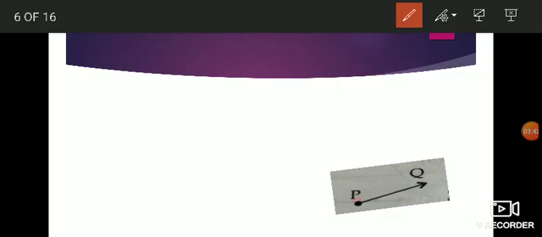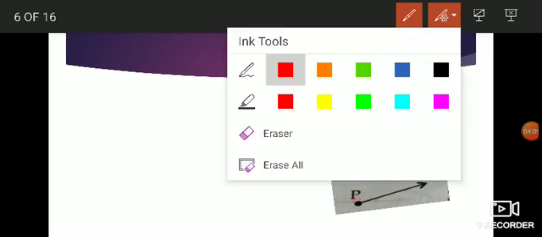It will extend on one side at point Q. So here P is called the origin. An arrowhead is drawn to show that the ray is infinite on the side of Q, and we have to read it as ray PQ, not ray QP, because here P is the origin. That's why we have to read this one in one way only.